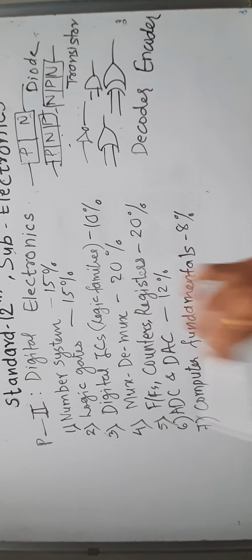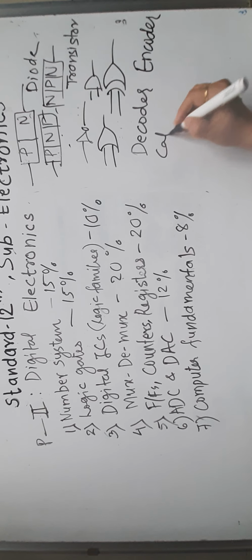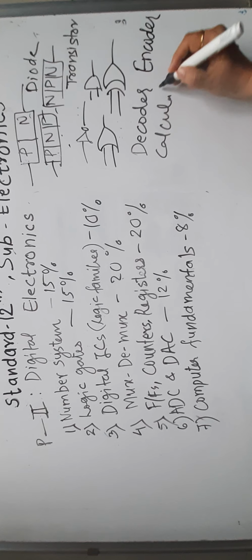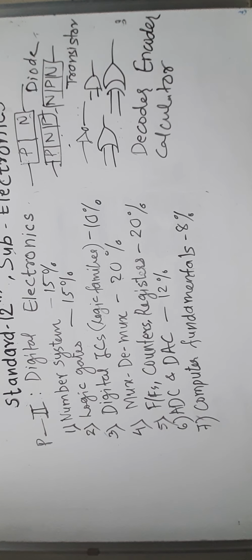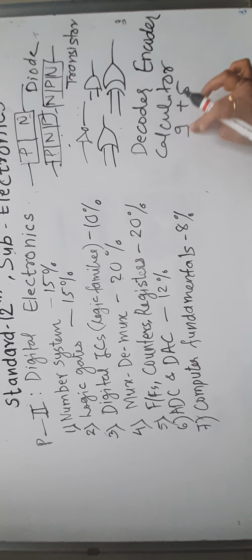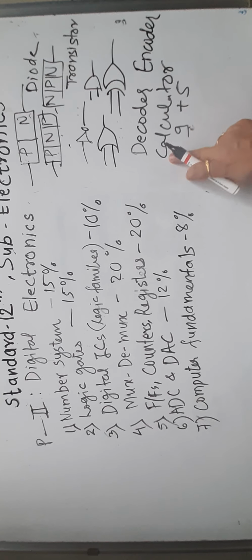I will tell you one example of encoder and decoder. We use a calculator. In a calculator, suppose we want to perform 9 plus 5. The user presses the key of 9, and inside the calculator there is a digital circuit.